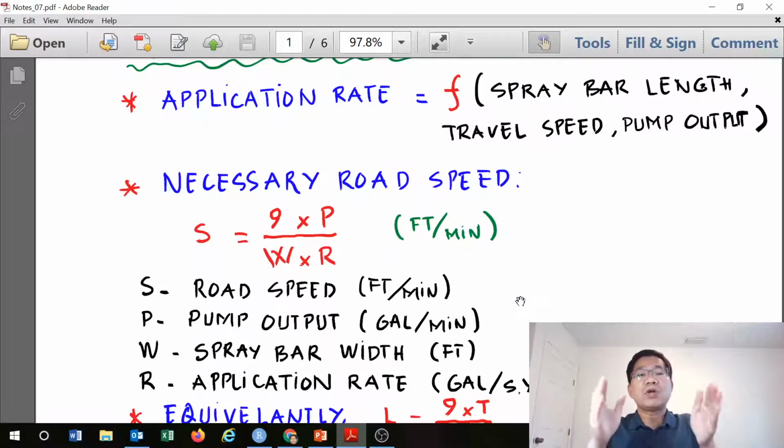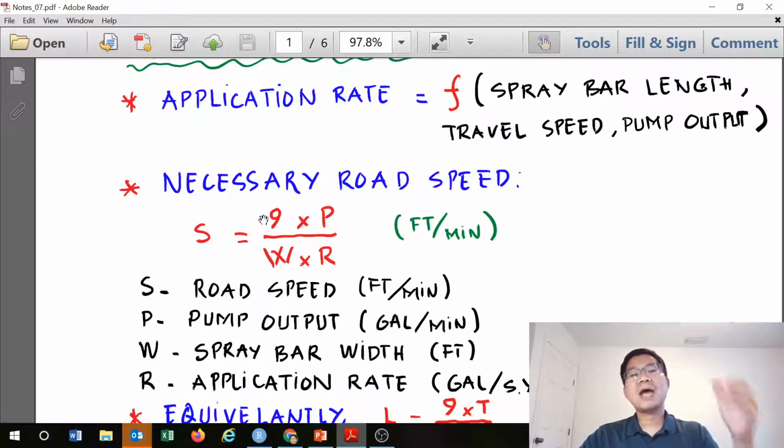That is for the equipment itself. And R is the application rate, measured in gallons per square yard. So you can see that different units apply, and that's why you put 9 here. 9 is 9 square feet per square yard, so that is the unit conversion.